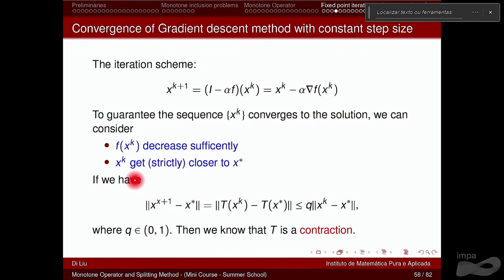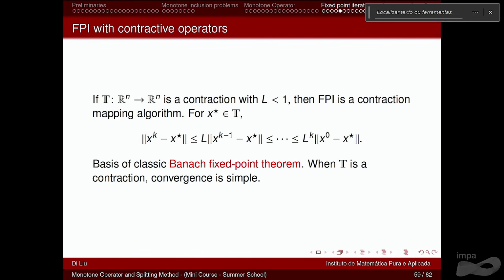And also we can analyze whether x gets strictly closer to the solution. If we have this inequality, with Q in this range, this is what we call a contraction. If it is a contraction, it will converge according to the Banach fixed point theorem.